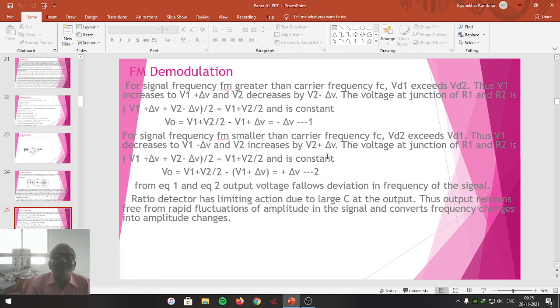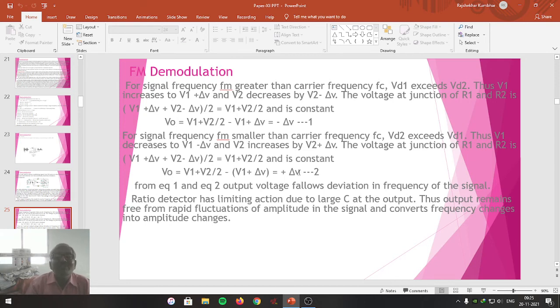It is constant. So that's how we can write VO equal to (V1 plus V2) by 2 minus (V1 minus delta V), which comes to be plus delta V.